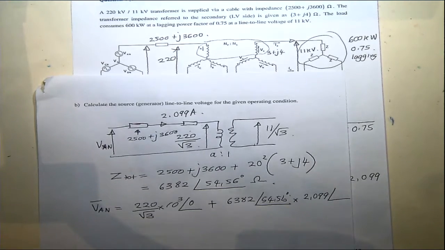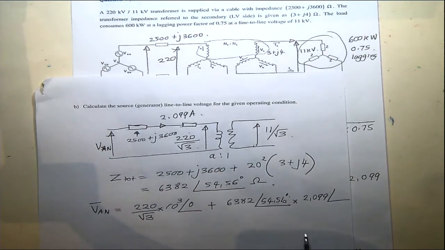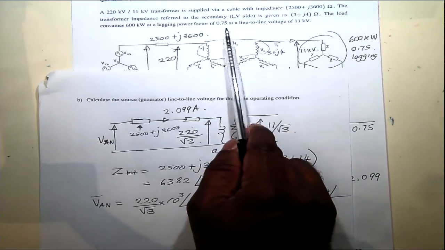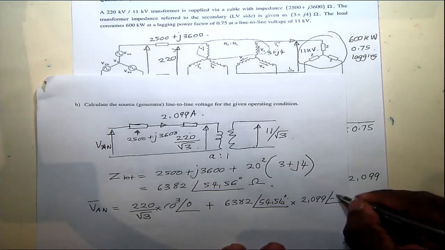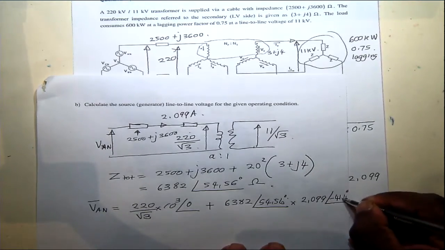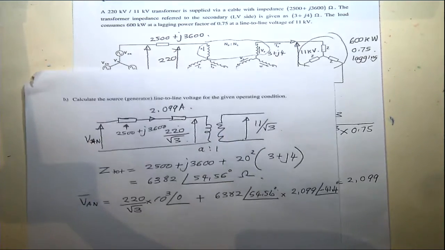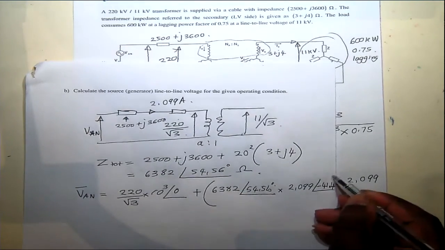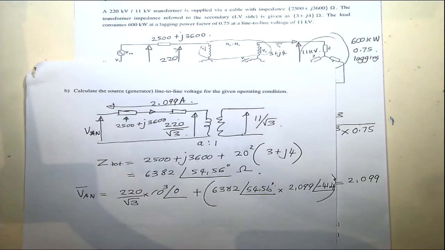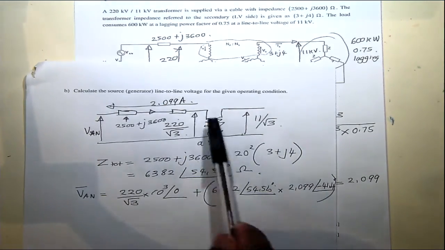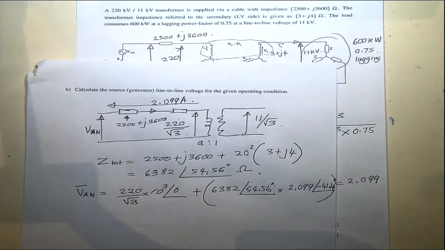And this is feeding at a lagging power factor of 0.75, so that will be cos inverse 0.75, which is 41.4, so this is a minus 41.4 degree power factor angle. This is the voltage drop across this total impedance, plus this voltage gives you this voltage here.